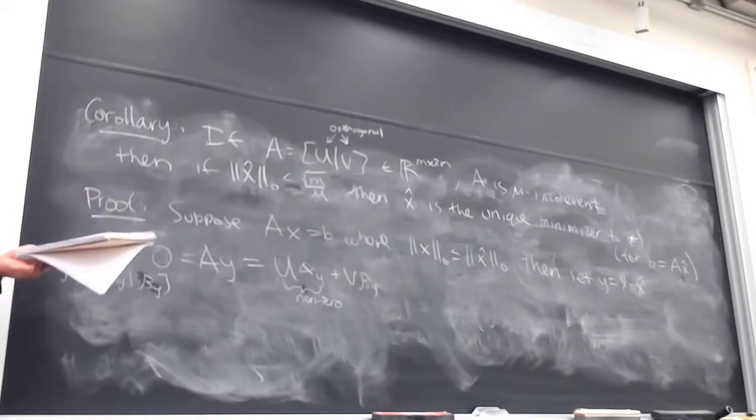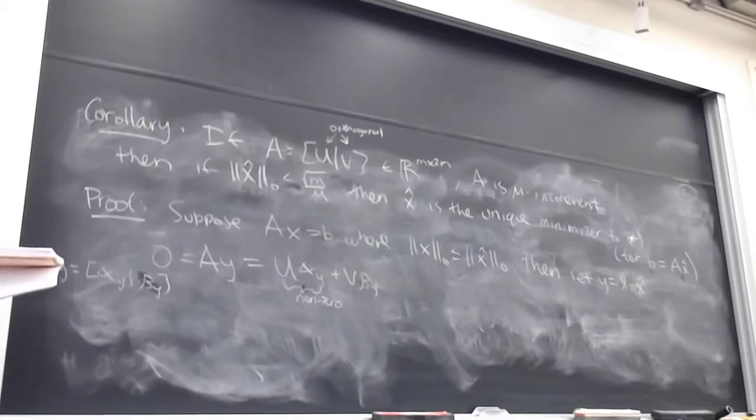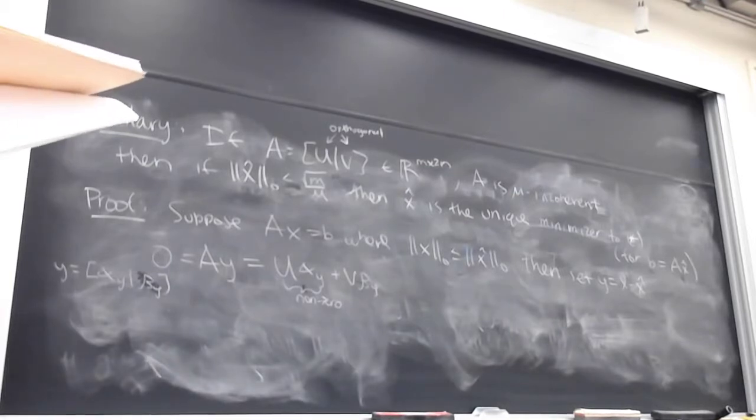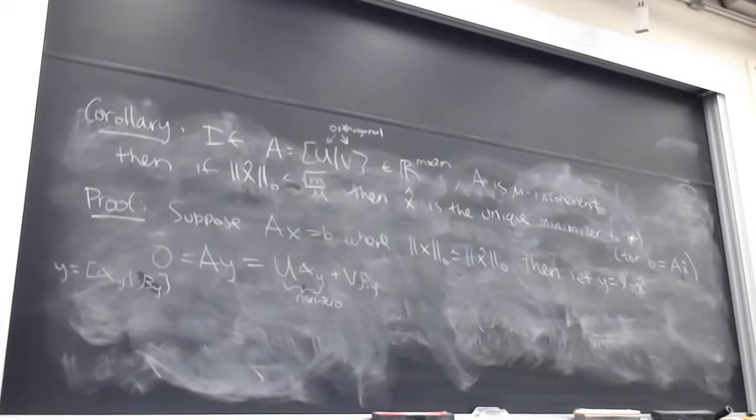So can anyone tell me why? This is the only subtlety in this. After all, in order to apply the uncertainty principles, we need to assume that the vector itself is non-zero.